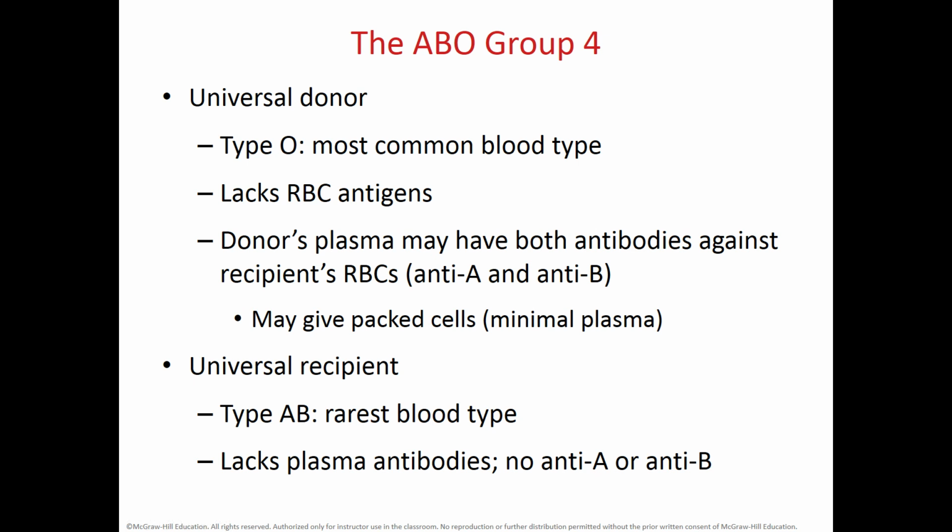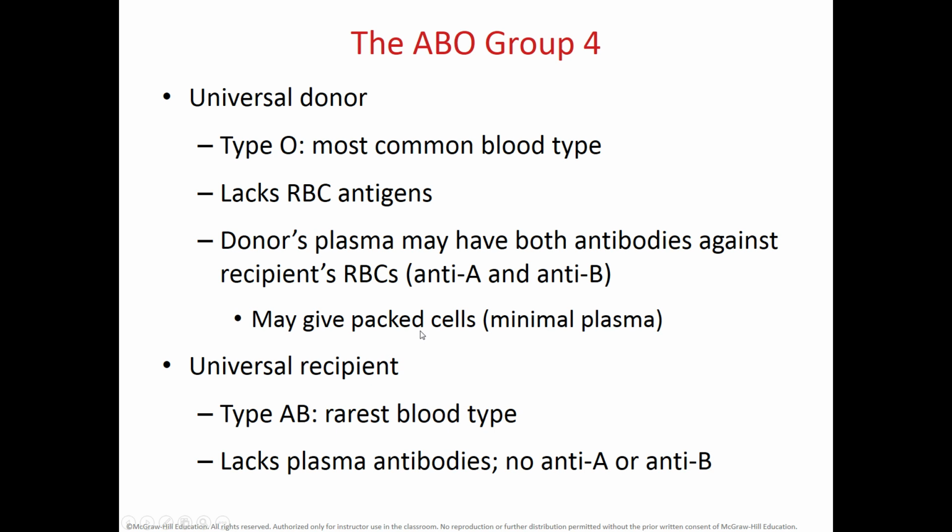Within these different types of blood that you can have, A positive, B positive, O positive, or AB type, negative, positive, etc., you have a couple of subclassifications. You have what we call the universal donor, in which the type O blood, which is the most common type, will be called the universal donor because their red blood cells don't have antigens.